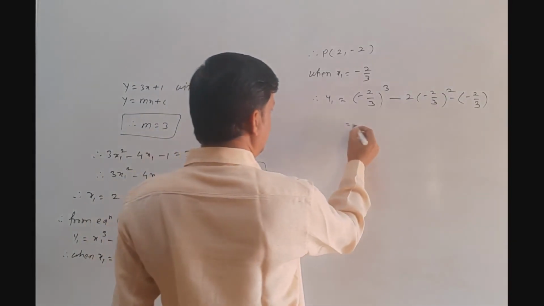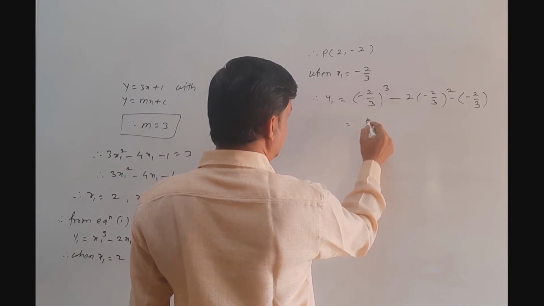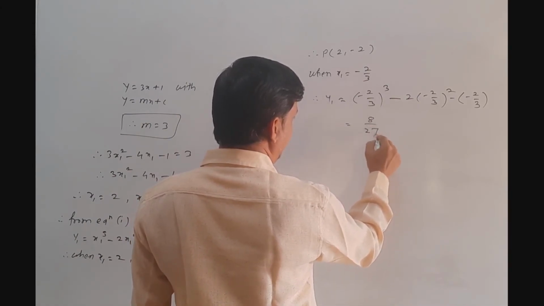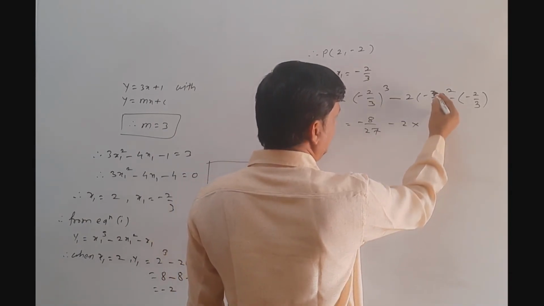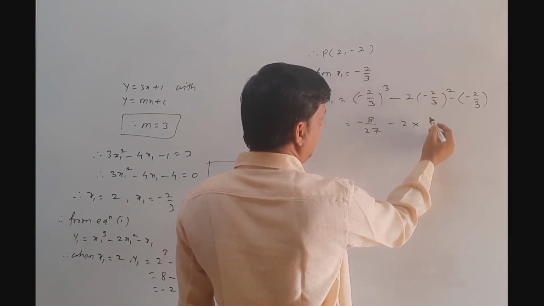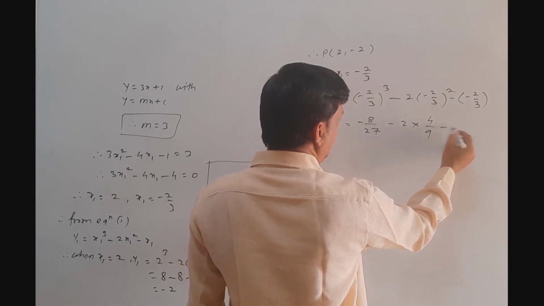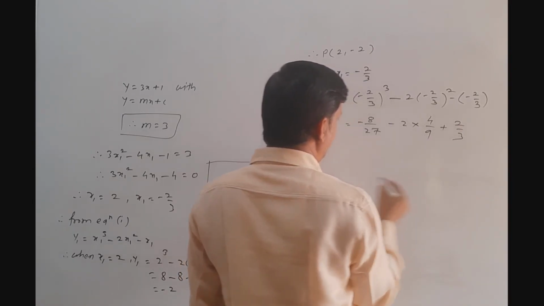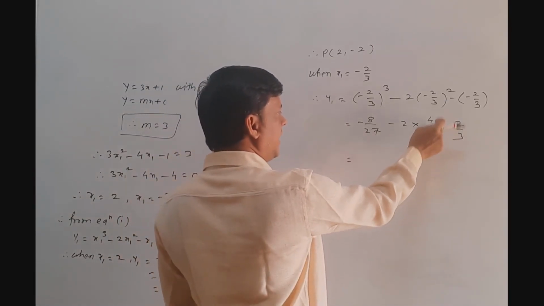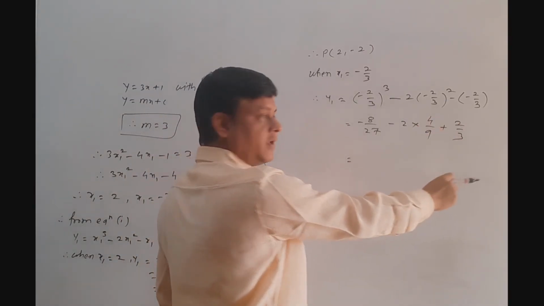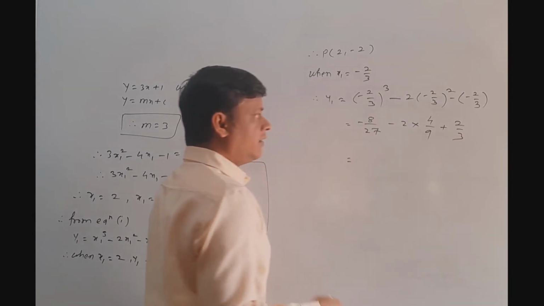So right here cube of this minus 2 by 3 is minus 8 by 27, minus 2 into square, after squaring we get plus 4 by 9, minus minus plus 2 by 3. We require the same base, so for that we multiply and divide by 3 to the second term and multiply and divide by 9 to the third term.